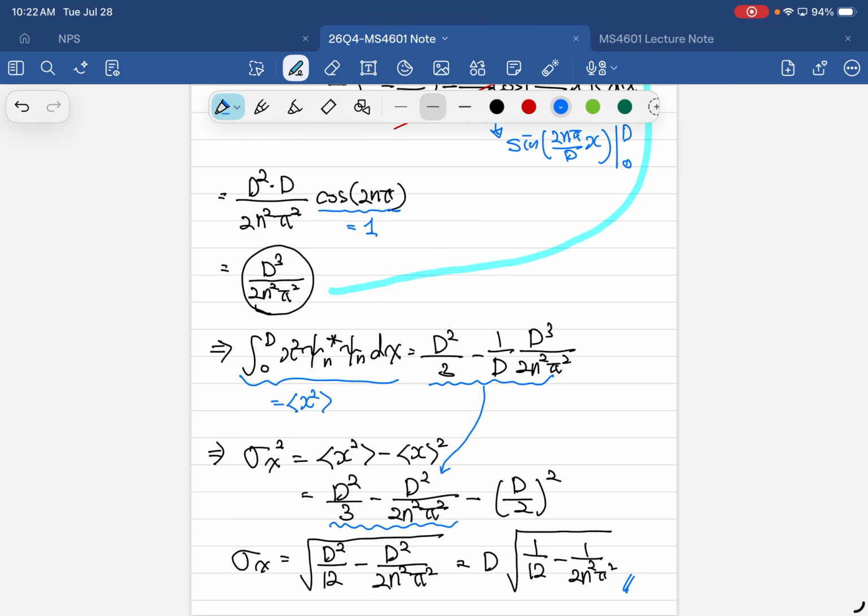And ⟨x⟩ we already know is d over 2, minus d over 2 squared. In order to get the standard deviation, you take the square root. If you do that, this is essentially what we get: the standard deviation of the position.